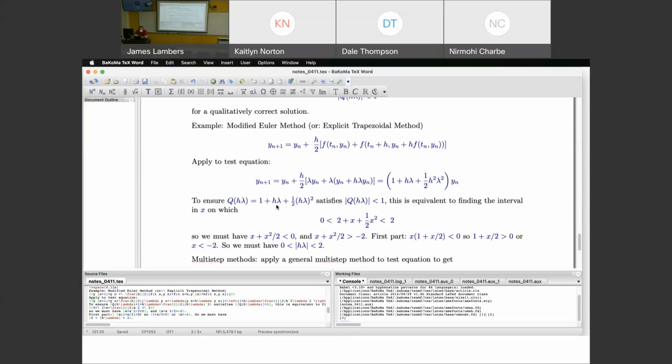Now, h is a time step, so that has to be positive. Lambda is assumed to be a number with a negative real part. So x, therefore, is negative. So for this whole thing to be negative, we need this factor, 1 plus x over 2, to be positive.